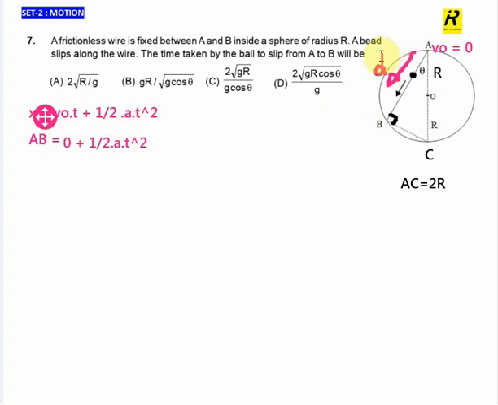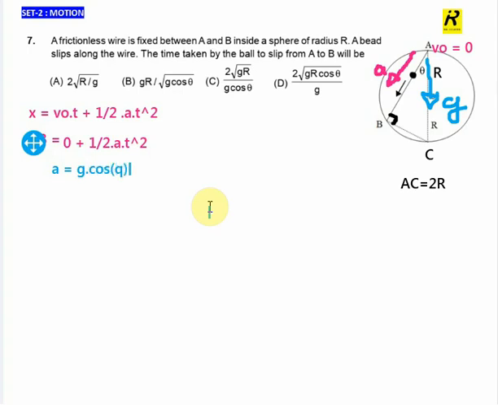Now we shall think about the acceleration along AB. As we know, the acceleration due to gravity along the vertical line is g. Of course, g stands for 9.8 or something, which we don't need now. The component of this g along AB is A. So the acceleration A is equal to g cos theta.